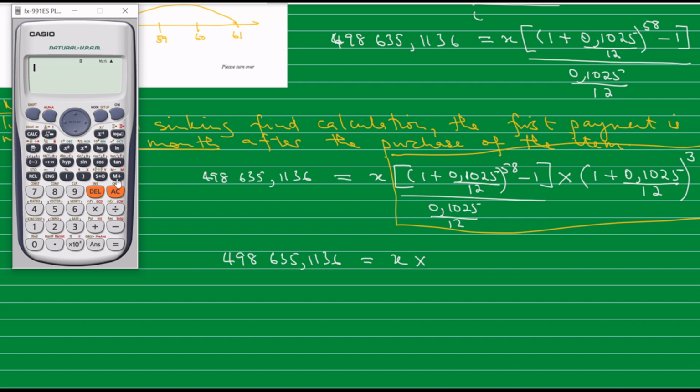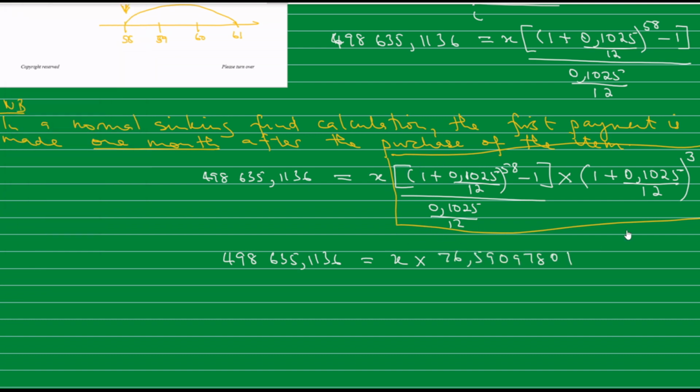I'll start with that, and then we multiply it by the compound formula, which is 1 plus 0.1025 over 12 again, raised to the power 3. The answer I get is 76.59097801.